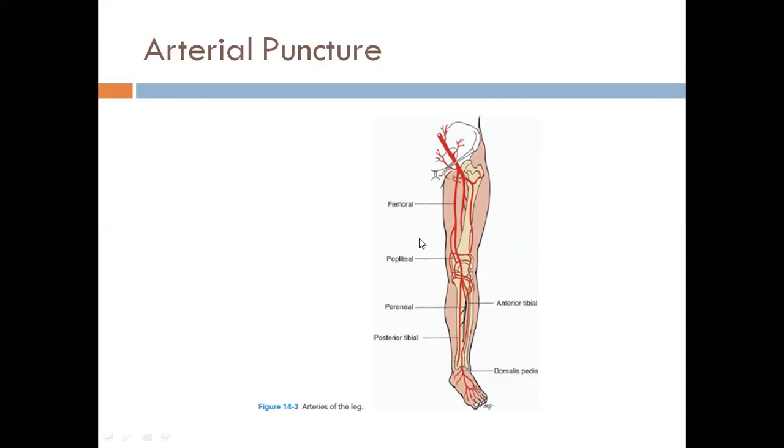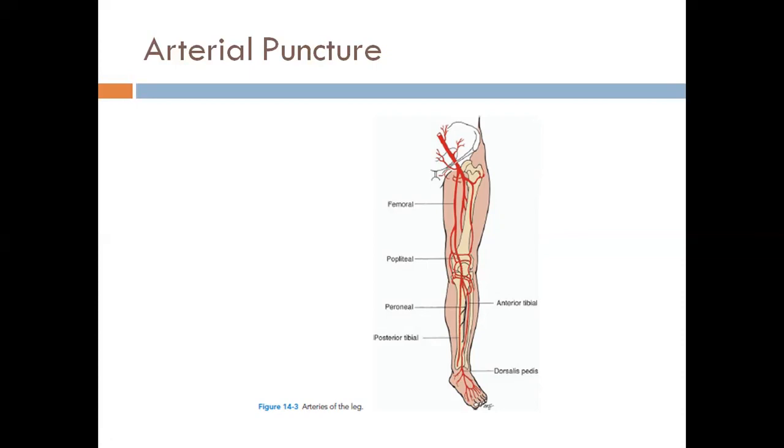We also have the popliteal artery, the anterior tibial artery, the posterior tibial artery, and this is your so-called dorsalis pedis, the one near the toes or the foot. When there is a pulse there, which we can sometimes feel, we call that artery the dorsalis pedis.